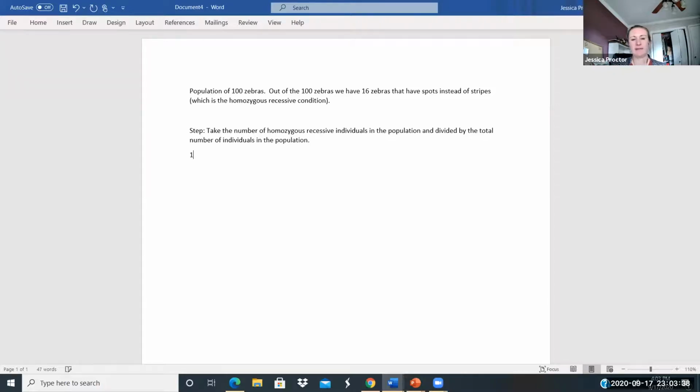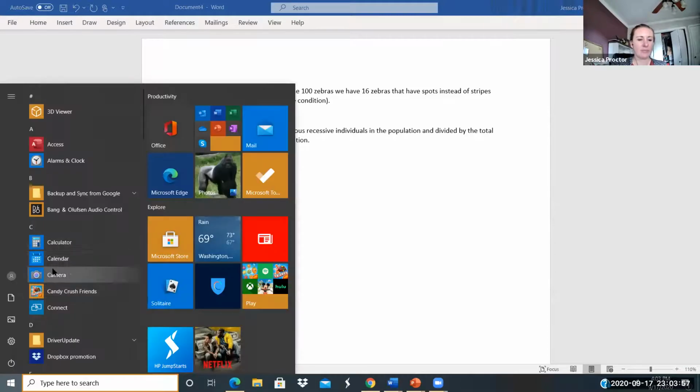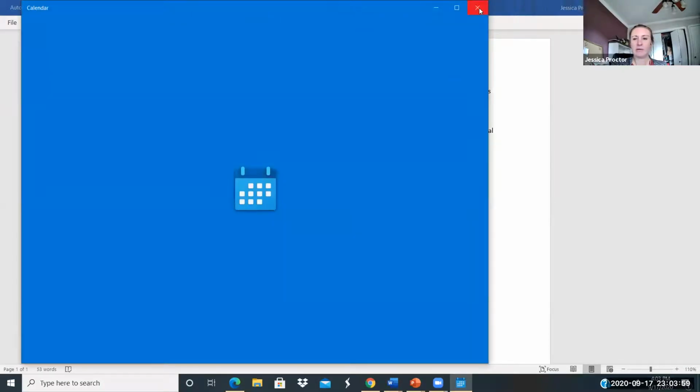All right, so in this case, that's 16 divided by 100. So this here is going to be our Q squared. Okay, so we take 16, which is the number of homozygous recessive individuals, and then we divide by 100.